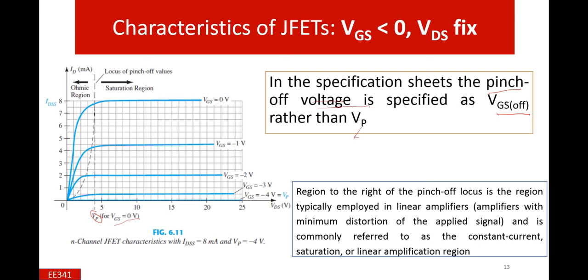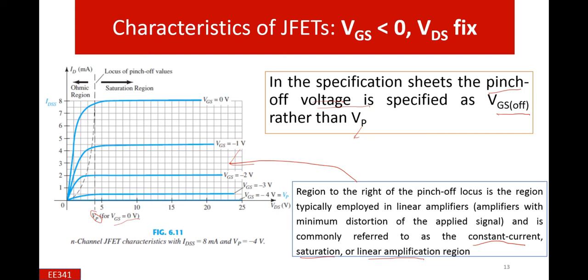The region on the right-hand side of the pinch-off is typically for linear amplification, with minimum distortion of the applied signals, and it is commonly referred to as the constant current saturation or linear amplification region.